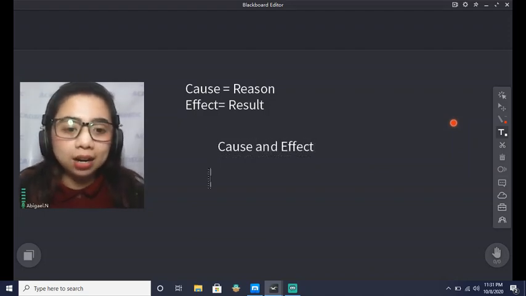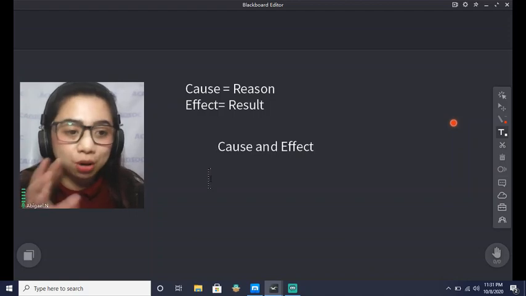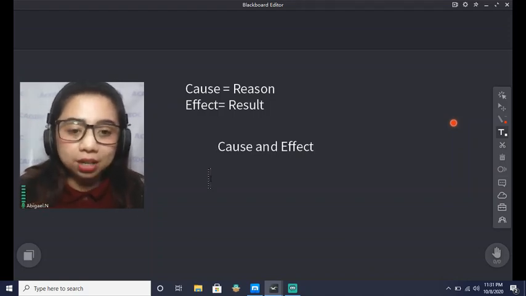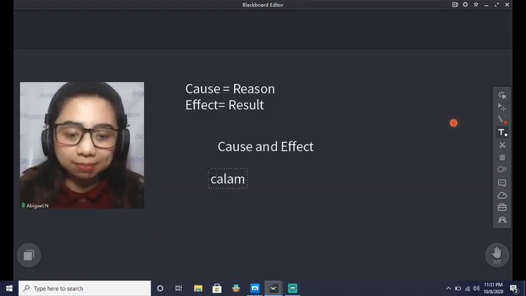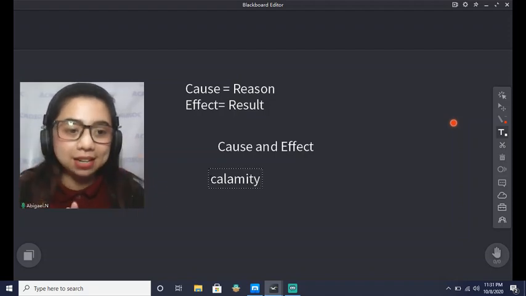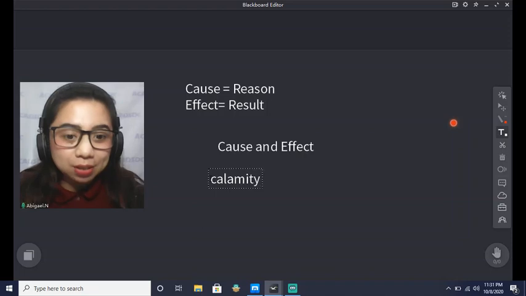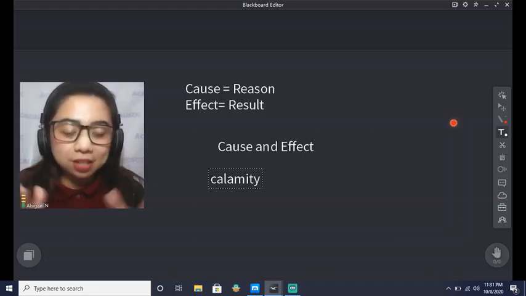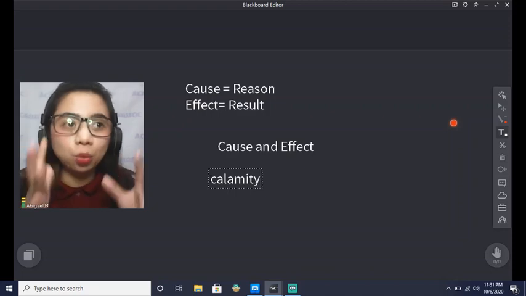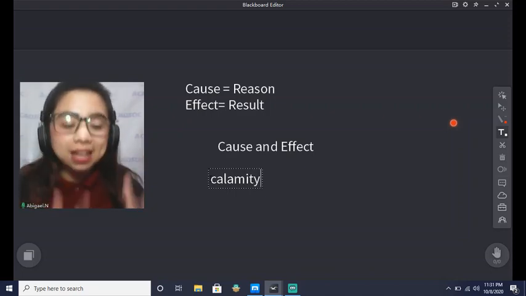So I will give you a word. This word is called calamity. Calamity, of course, natural calamity. What happens when there is calamity? So calamity is, of course, the cause. Now you have to think what happens when there's calamity.